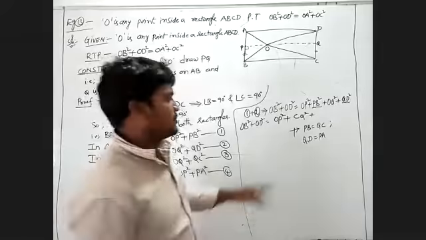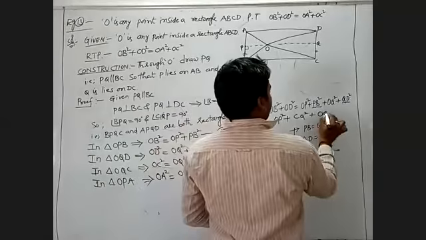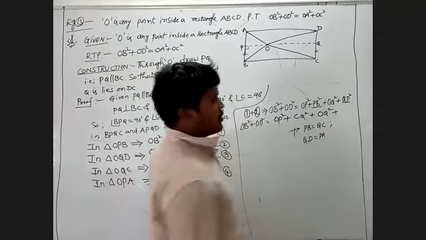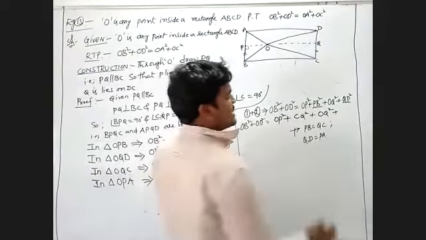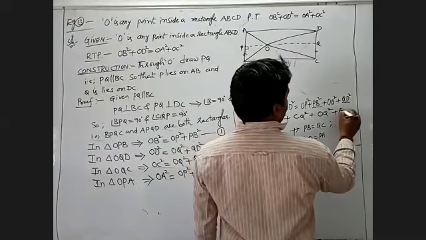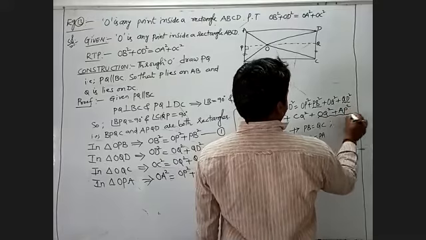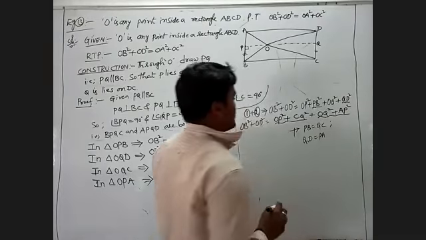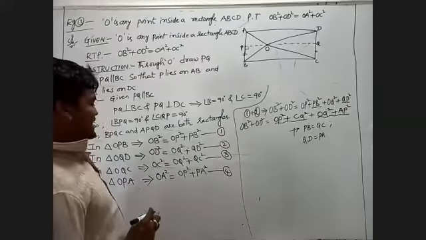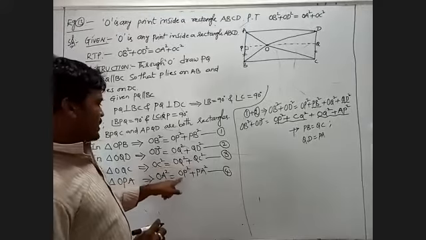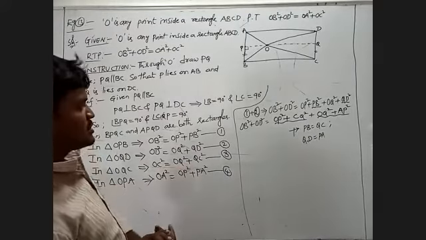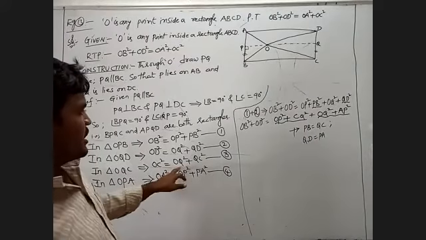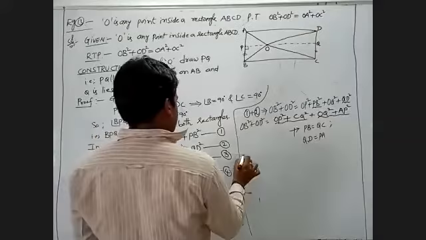After that, OQ square plus QD is nothing but PA. Okay, we have to change. I will write this one.